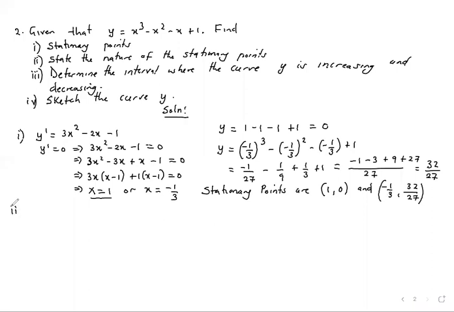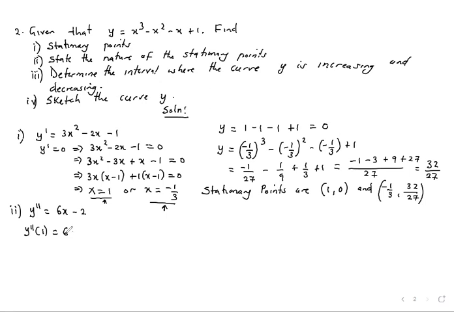Part 2 says, state the nature of the stationary points. To state the nature, you find the second derivative. So we'll get 6x minus 2. In the second derivative, substitute the critical numbers, the x values. So what is y double prime of 1?